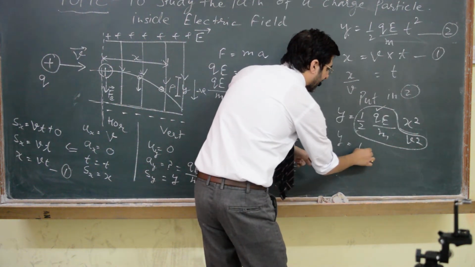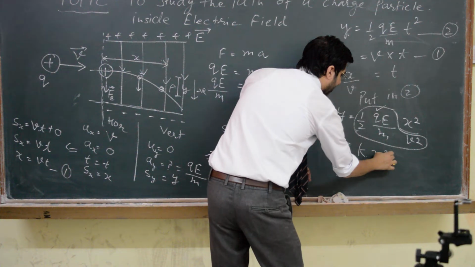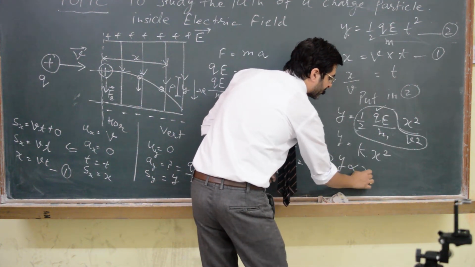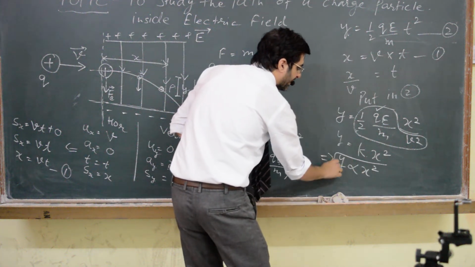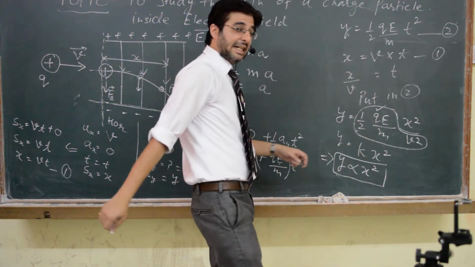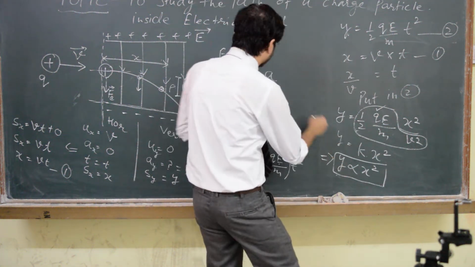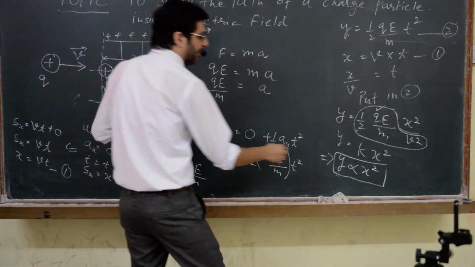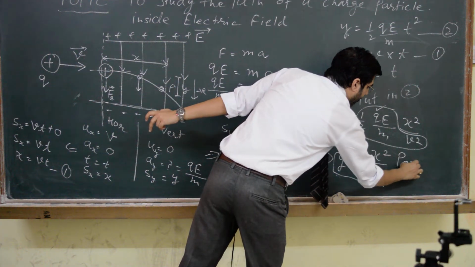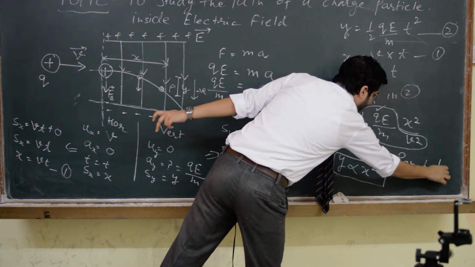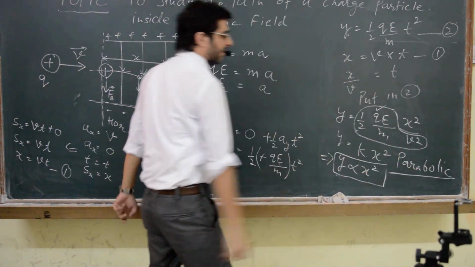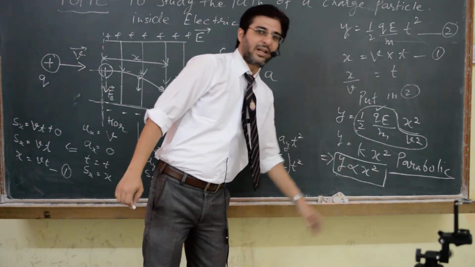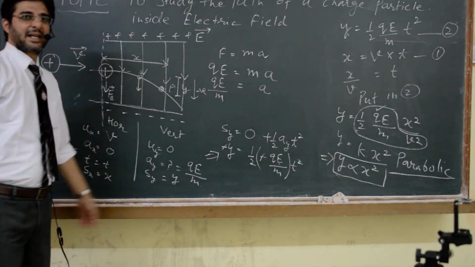So we can say y equals a constant into x square, which gives y proportional to x square, which proves that the path of this charge entering an electric field will be parabolic in nature. As y is directly proportional to x square, the path of the charged particle is parabolic.